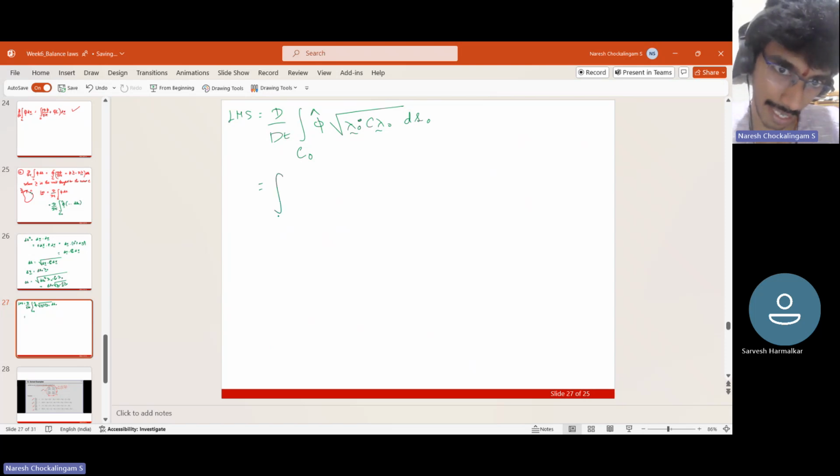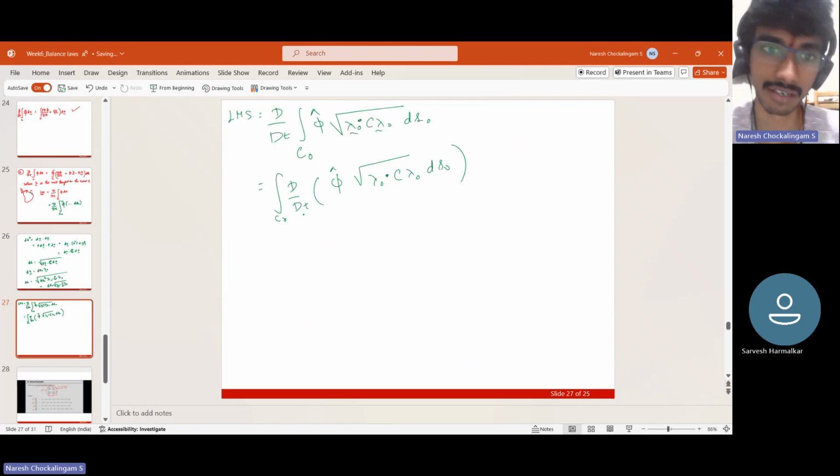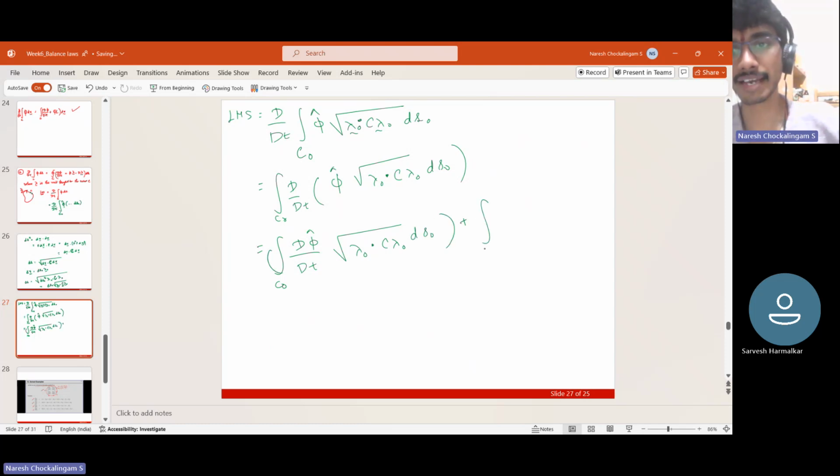So you get the integral over C naught of d by dt of phi times the square root of lambda naught dot C lambda naught ds naught. I use the product rule. We get the integral over C naught of d phi by dt, and the rest stays as it is, the square root of lambda naught dot C lambda naught ds naught. Plus the second term, where phi stays as it is and the derivative acts on the second term: d by dt of the square root of lambda naught dot C lambda naught ds naught.